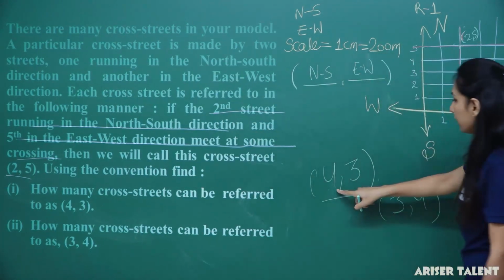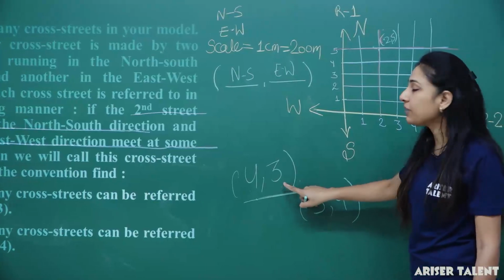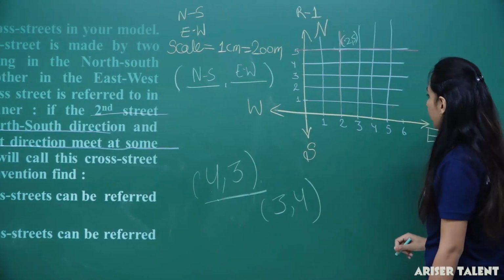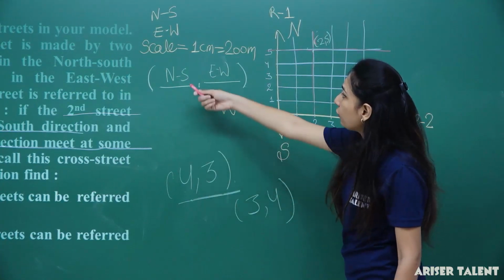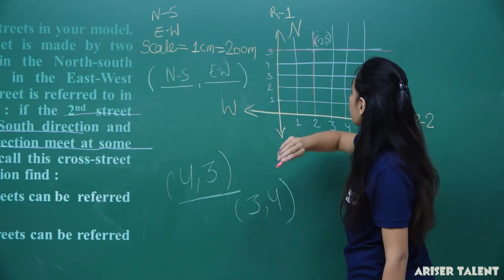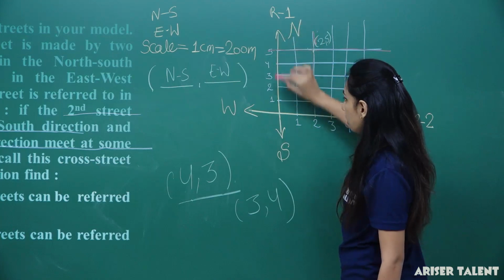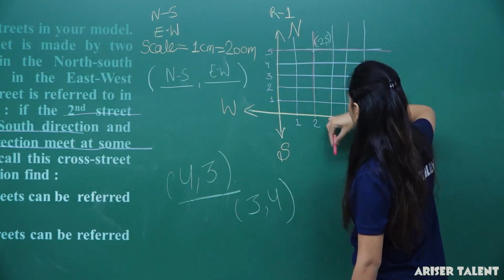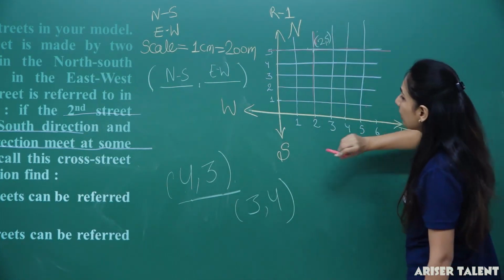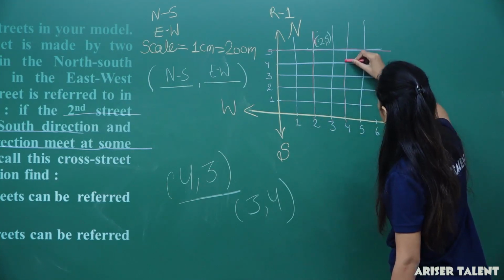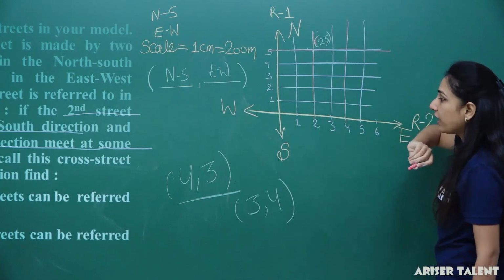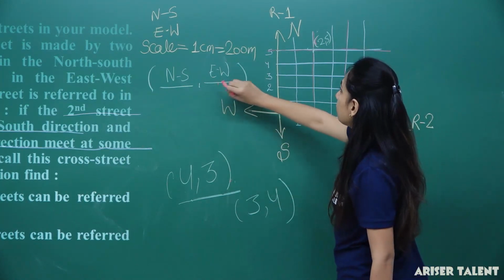Now if 4, 3, what does that mean? How will I find it? 4 is of north-south direction. The north-south direction is this, so parallel to this I have these streets. Fourth number street: first, second, third and fourth. So the fourth number street is this. Now it's telling me to find the third, east-west.